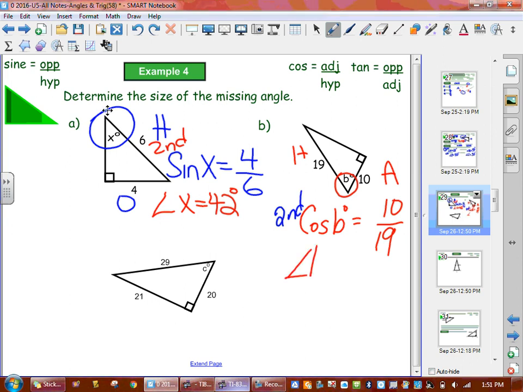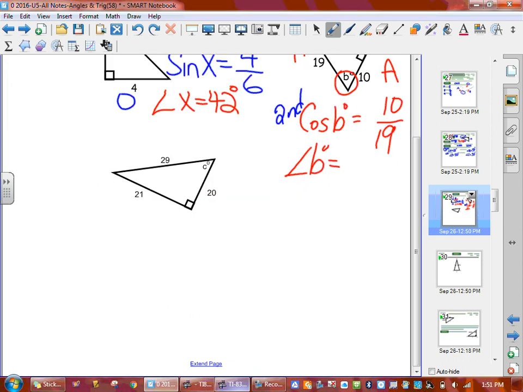Practice with your calculators. Let's go. Don't be lazy. Write this down. So angle B, how big is angle B? 58 degrees it should be.